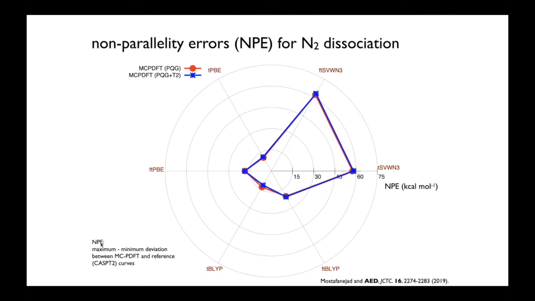What I'm illustrating is something called nonparallelity error, which is the maximum versus minimum deviation between MC-PDFT and some reference, CASPT2, for a specific dissociation, N2 dissociation. So a small nonparallelity error means that the curves are very parallel to one another. And the 2 interesting things to point out here are, 1, with different on-top pair functionals, which are these different spokes of this ring, I get very different nonparallelity errors.